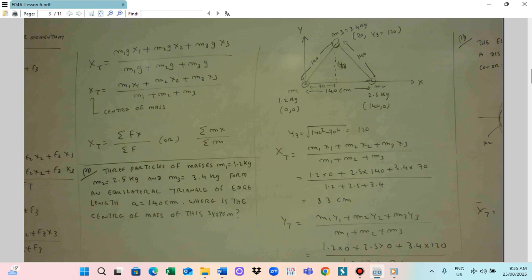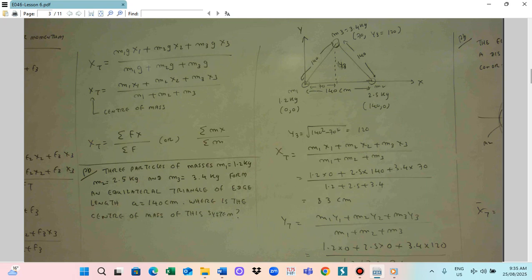Okay, so we have to calculate the H total. In this case, m1 H1 plus m2 H2 plus m3 H3 divided by m1 plus m2 plus m3. So m1 will be 1.2 times 0, plus m2, 2.5 times 140, plus m3, 3.4 times 70, divided by 1.2 plus 2.5 plus 3.4.